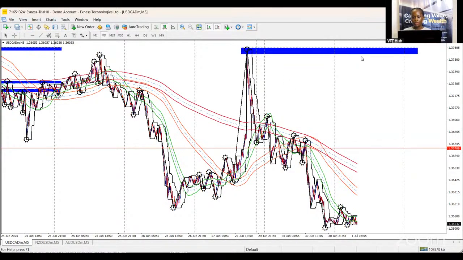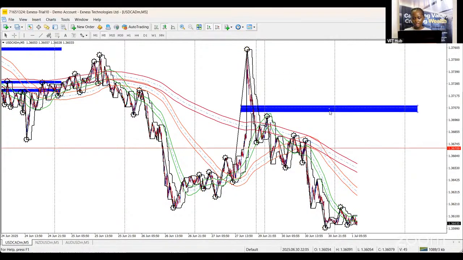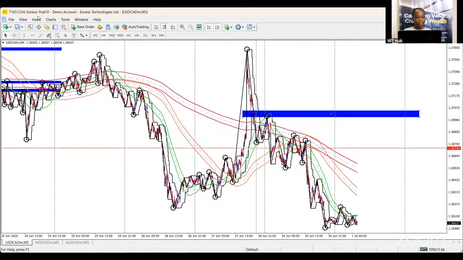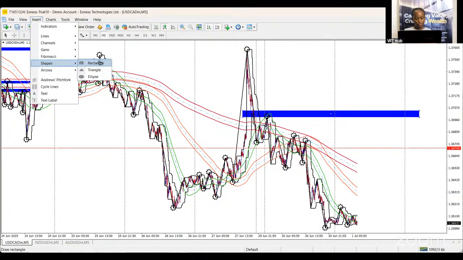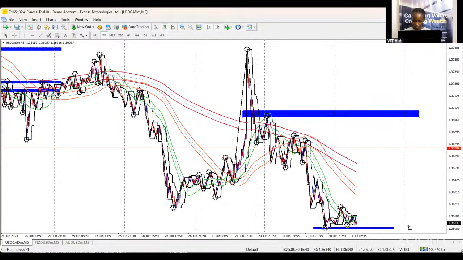Okay, so marking out yesterday's high right here, yesterday's low. Day before yesterday's high. This is the low that I marked out first. And day before yesterday's high, I'm going to have to zoom in.